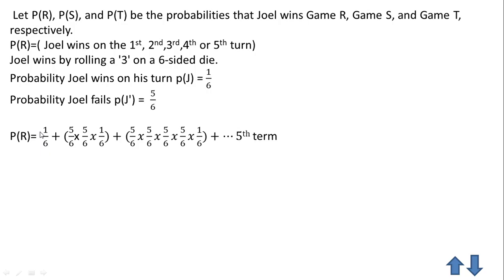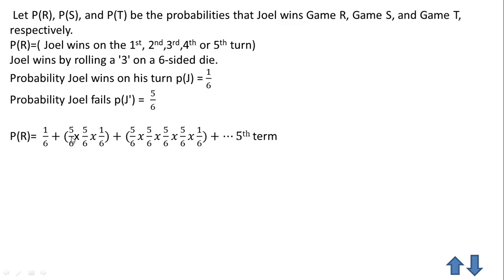So let us see the probability of Joel winning. Now, Joel takes the first turn. With this 1/6, Joel can win on the first trial, and then the game ends. Or Joel can first lose by showing another figure, not 3. A friend should also lose, for Joel to come back for the second time and win. So this second term shows that Joel is winning on his second turn.